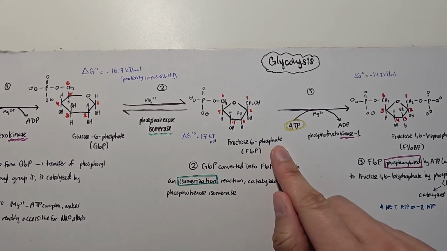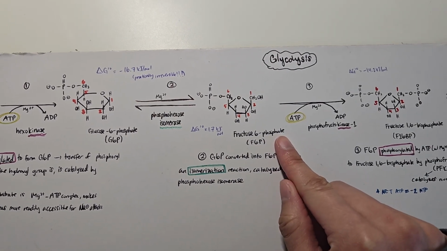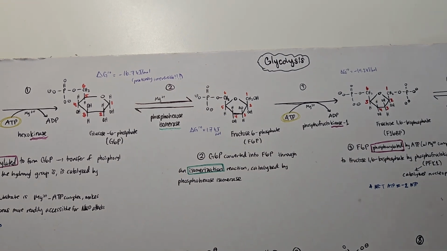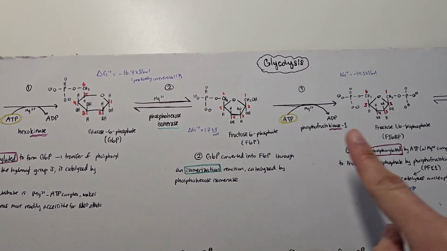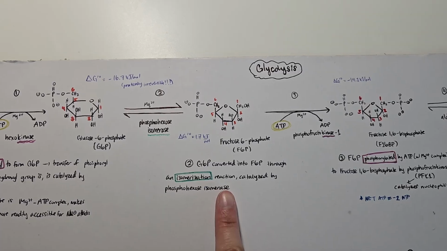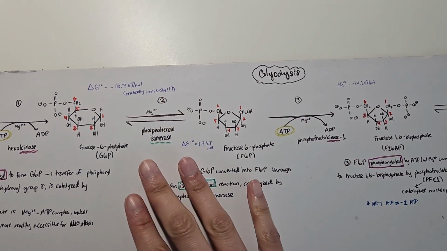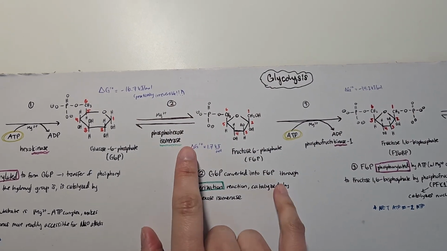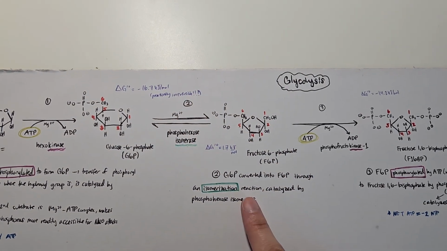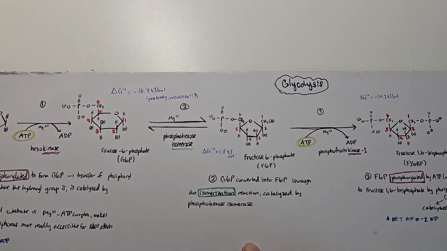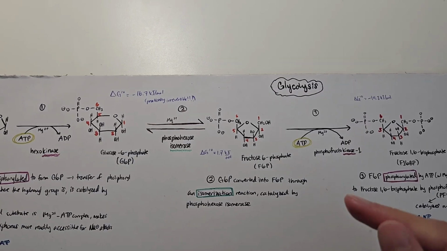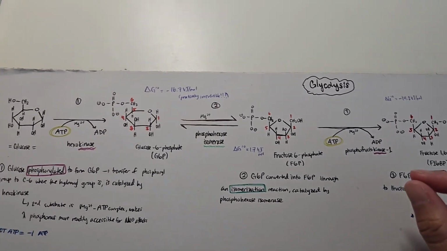So now we're going to move into glucose 6 phosphate being converted into fructose 6 phosphate. And if you remember isomerization reactions, it's pretty much just changing the form. It's not changing the formula, it's just changing the structure, same molecular formula.